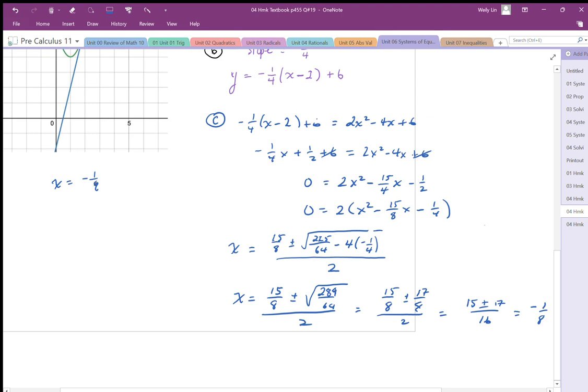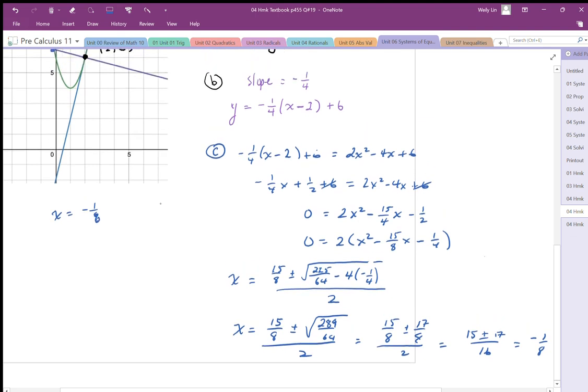To work out the y coordinate, we're just going to plug it into the original function. So y, when x is negative 1 over 8, I'm just going to plug it into the linear equation. So negative 1/4 times x, where x is negative 1 over 8, minus 2, plus 6. That works out to be negative 1 over 4 times negative 17 over 8, plus 6.